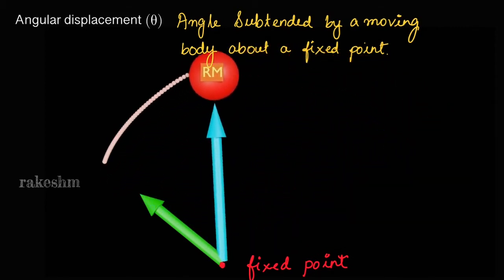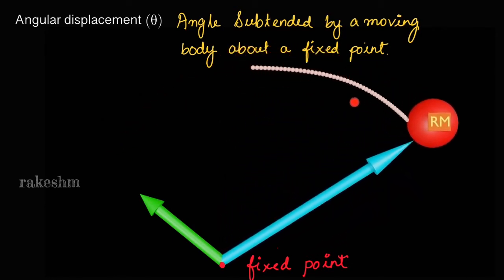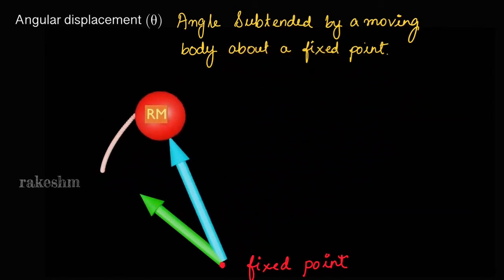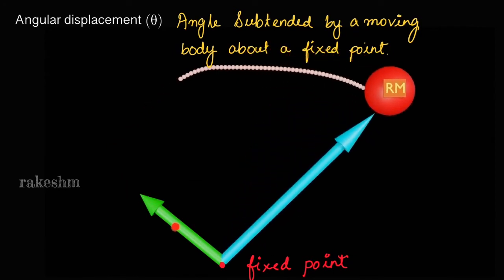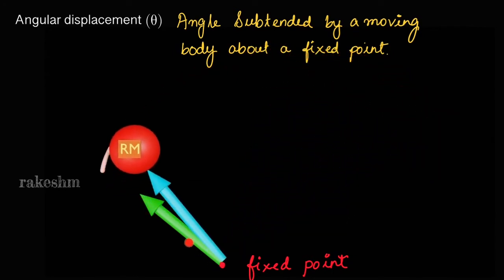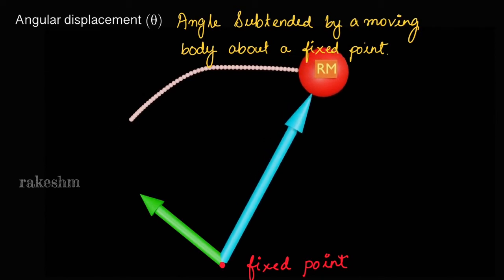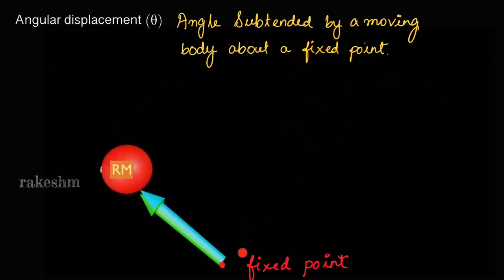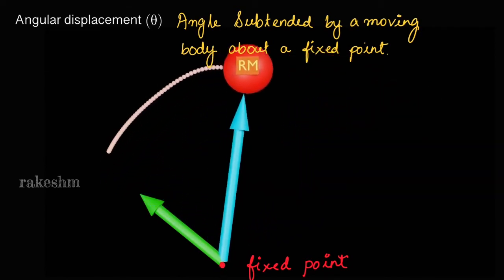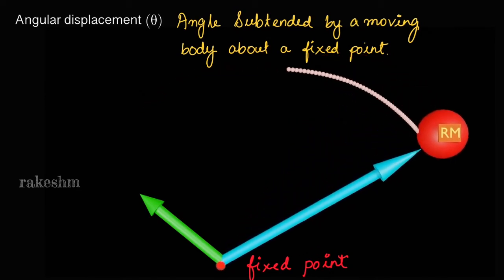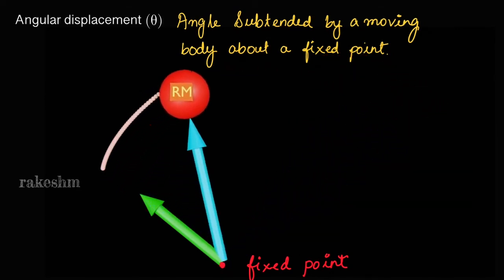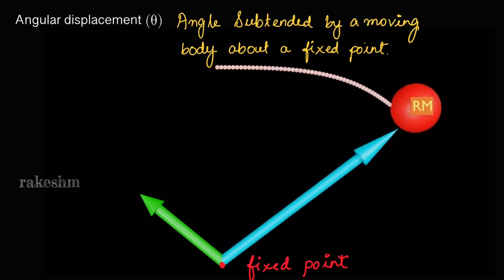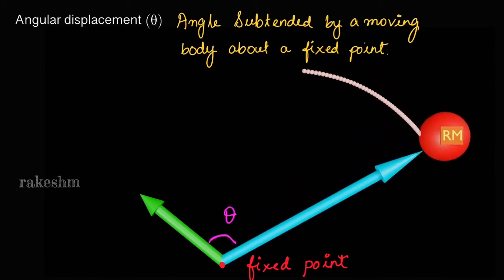Observe that there is a body here moving in a random path in a plane, and we are taking where the body was initially, the initial position vector, and we are also taking the final position vector, and the angle between these two at this fixed point is the angular displacement of this body. So the angle theta here is the angular displacement of the body about this fixed point.